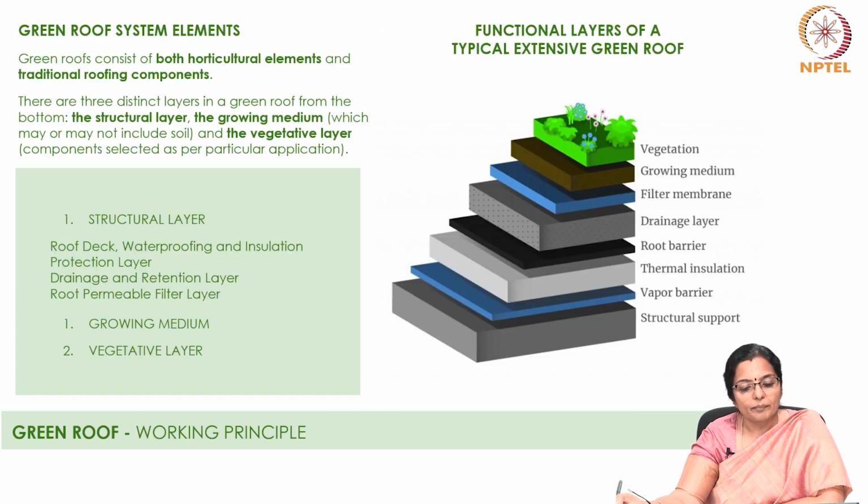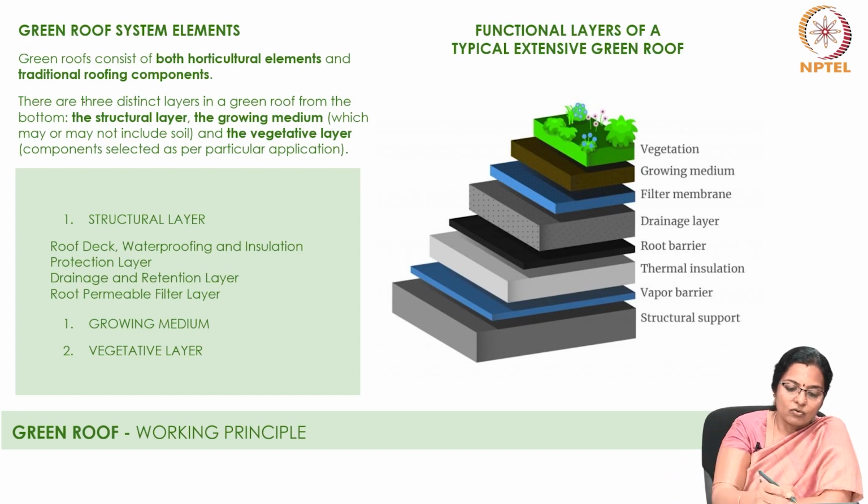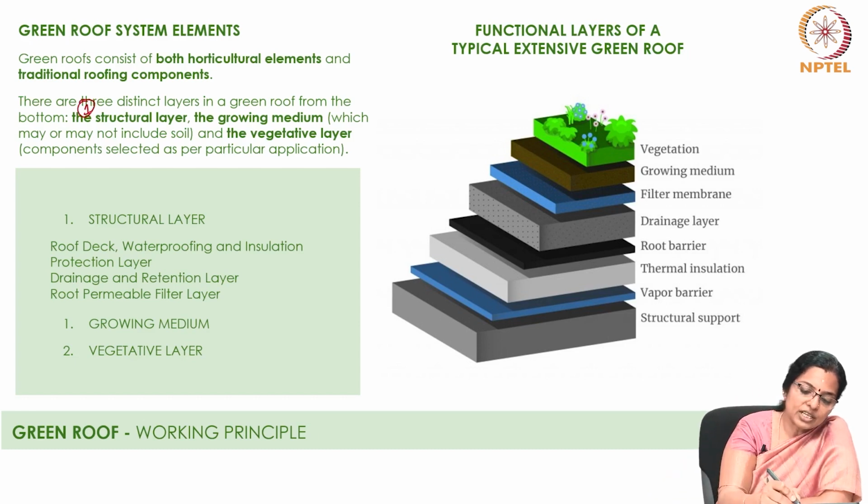Let us look at the green roof system elements. Green roof consists of both horizontal elements and traditional roofing components. There are three distinct layers in the green roof from the bottom. First is the structural layer.